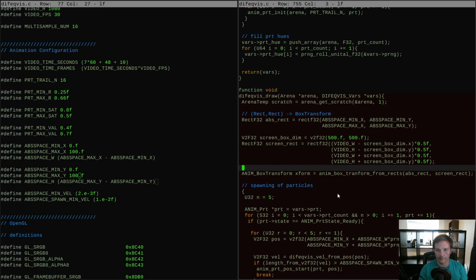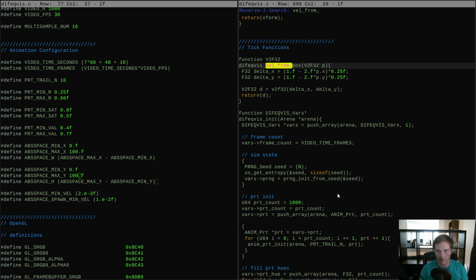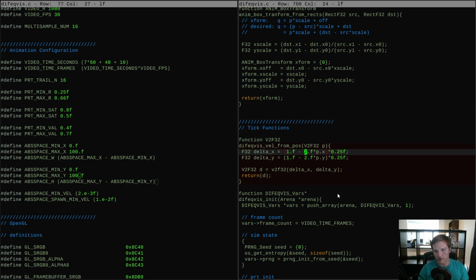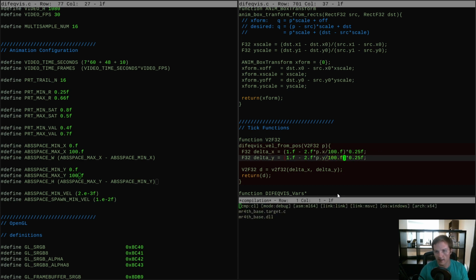This is not surprising. Let's look at vel from pos real quick. This is still assuming that X and Y here are on the range from 0 to 1. If they're on the range from 0 to 100, then we would want to do this to make it look the same.